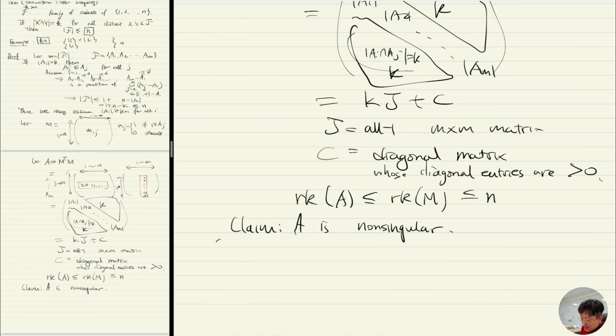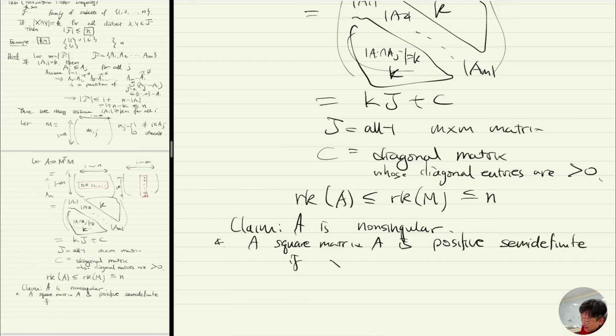So here's an observation. A square matrix A is positive semi-definite if X transpose AX is non-negative for all X in R^m.